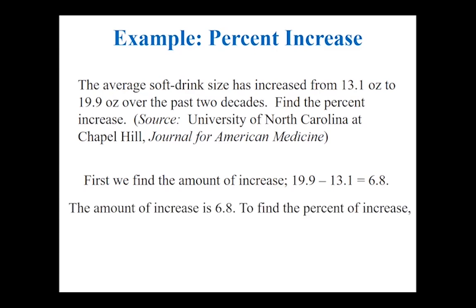So the amount of the increase is 6.8. To find the percent of increase, we take the amount and we divide by the original. It has gone from 13.1 to 19.9, which means the original number was 13.1. 6.8 divided by 13.1 is 0.5191, and so on. Convert that to a percent, we get about 51.9%.